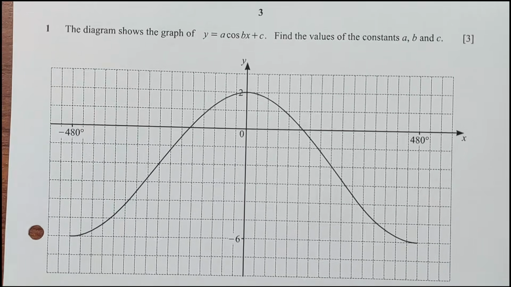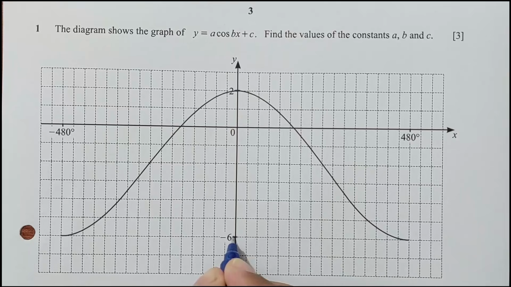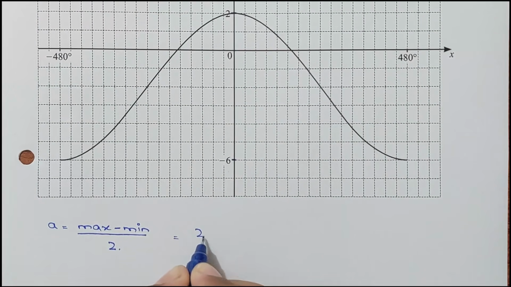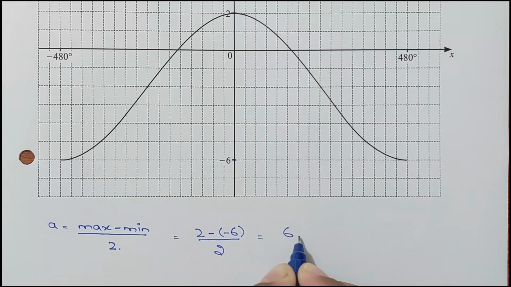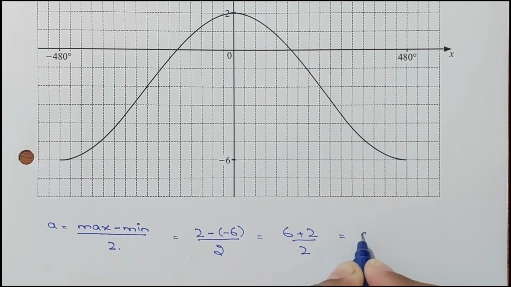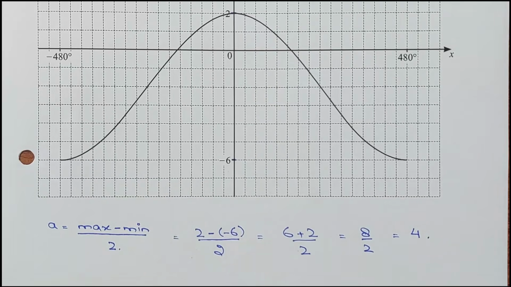The maximum value is 2 and the minimum value is -6. So 2 minus -6 divided by 2 is 2 plus 6, which is 8 by 2, equals 4. So the amplitude is 4.